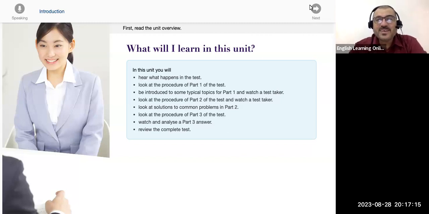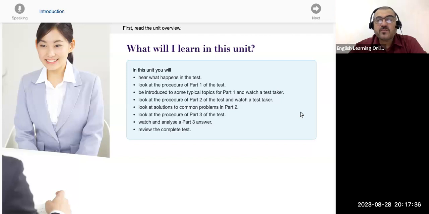Okay, so today we are learning about IELTS speaking. The first unit today, we will learn everything. For example, in this unit, you will hear what happens in the test and look at the procedure of part one of the test, be introduced to some typical topics for part one and watch a test taker.